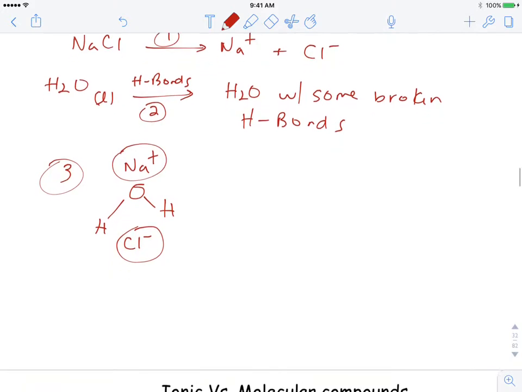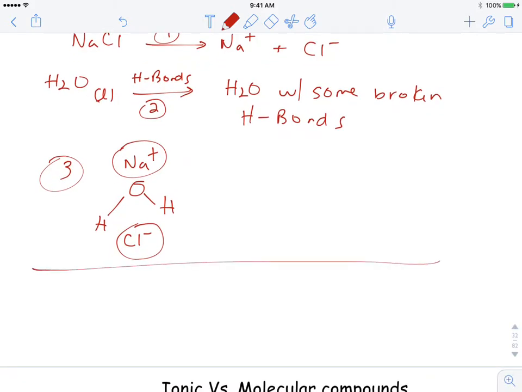Now, if I compare this to something like a molecular substance, something like methanol, which is very soluble in water, I still have to go through the same steps, except here, in one, I would still have my CH3, no ions, but I would have broken some hydrogen bonds.